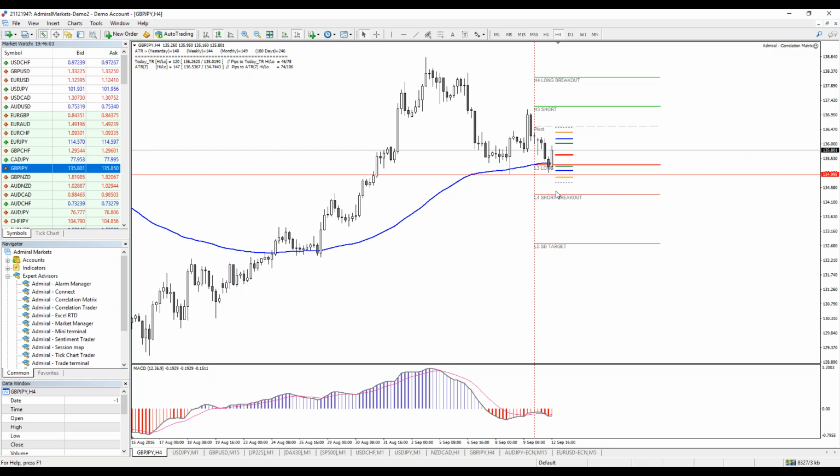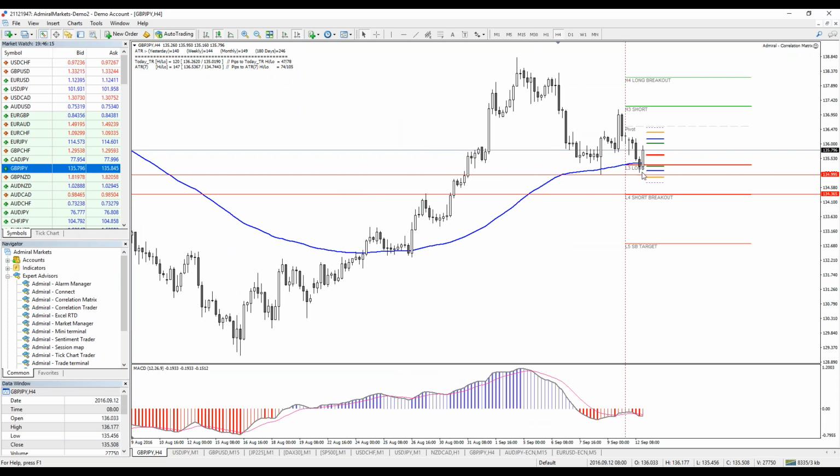So this needs to break, and then pound yen will proceed towards this level. Now it's being bought because it was at support, and you see it's in an uptrend.